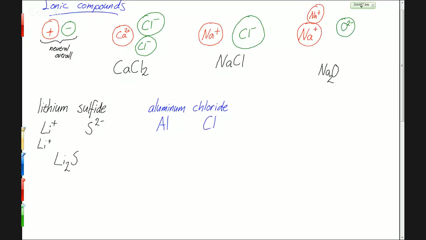All right, anybody feel good about the formula for aluminum chloride? Everybody get something? Okay, we'll see. All right, so let's look at it. What did you get for a charge for aluminum?